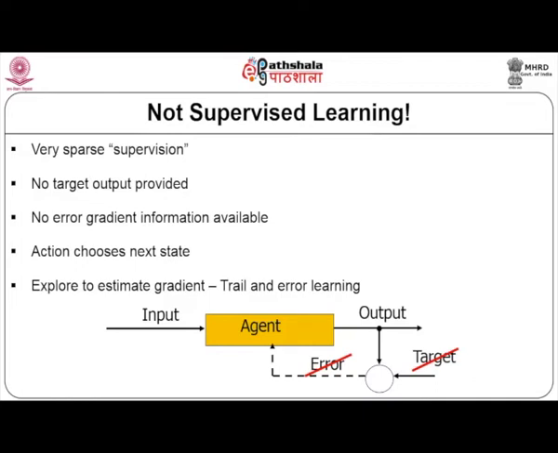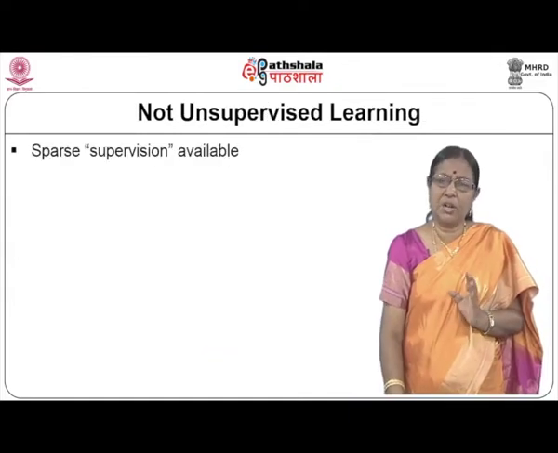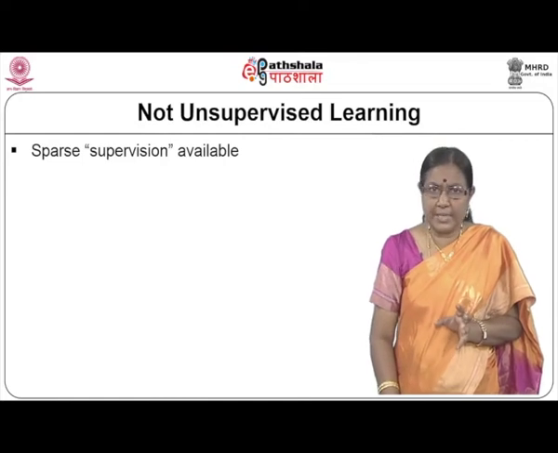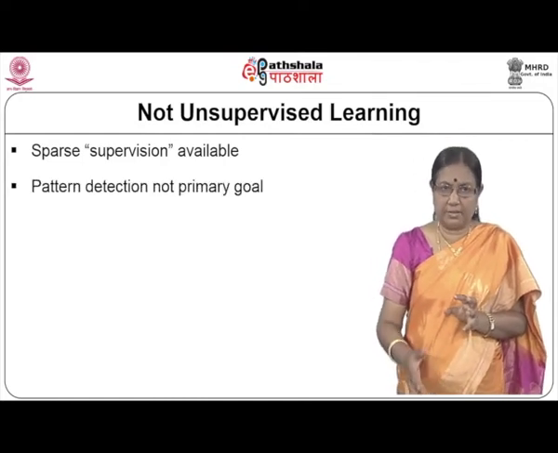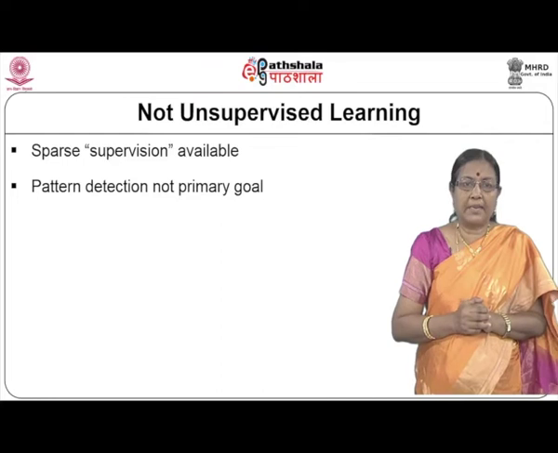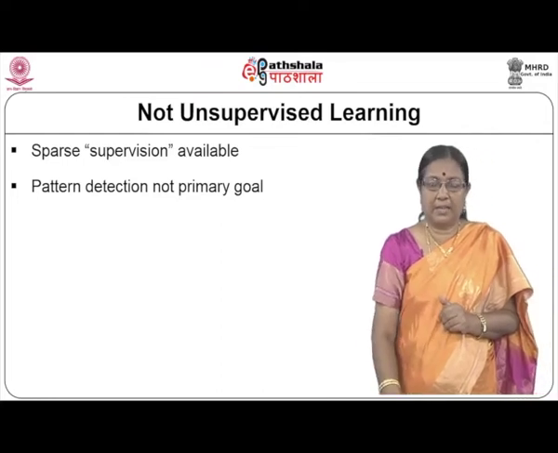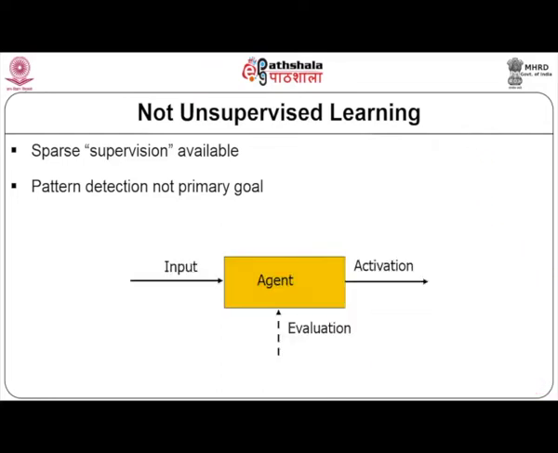So, you have the input, you have the agent, you have the output, and the error and the target are not given. It is not unsupervised learning either because sparse supervision is available. Pattern detection is not the primary goal like in unsupervised learning. So, you have the input, you have the agent, the activation is done and you have an evaluation.